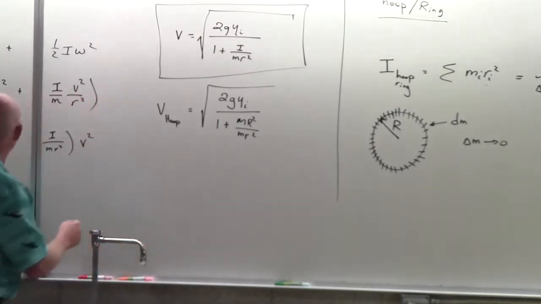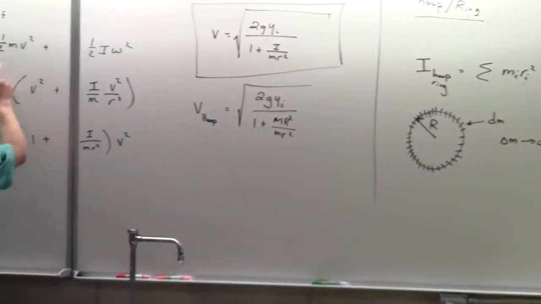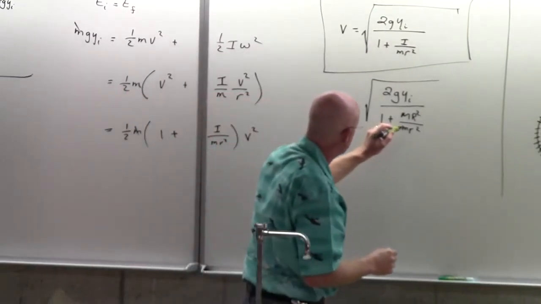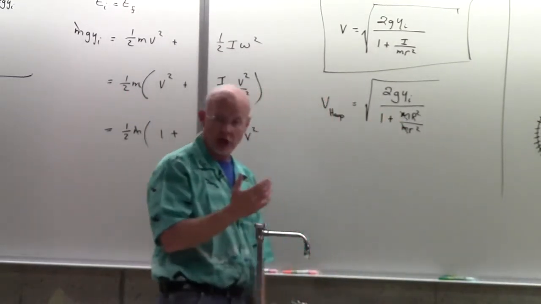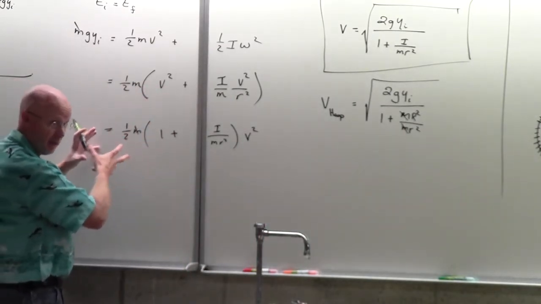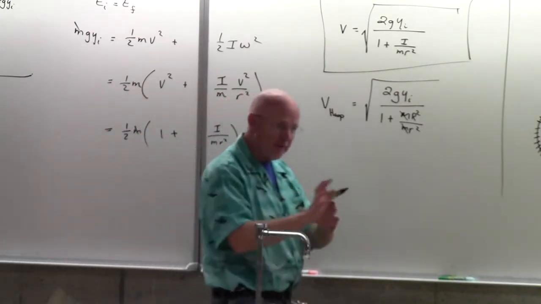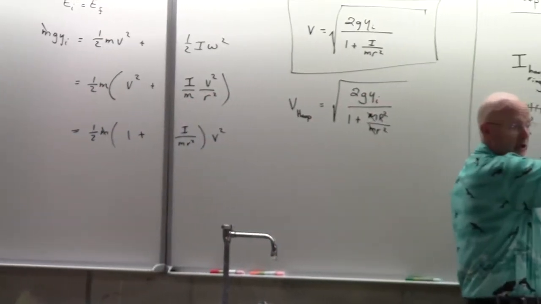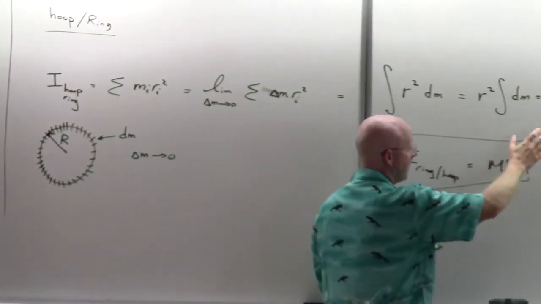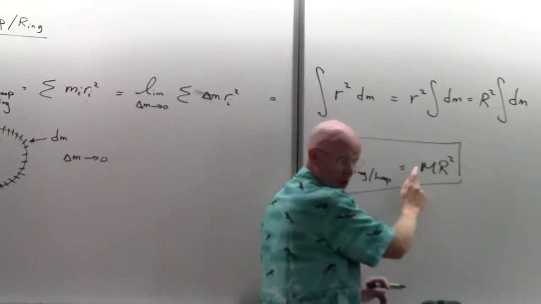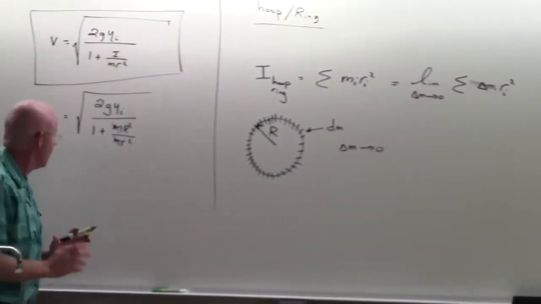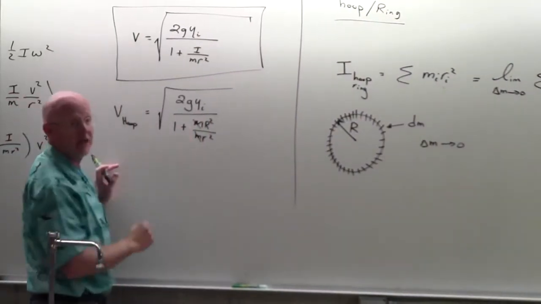The m back here was the whole mass. Even though I've changed my notation over here, because over here I was using little m for little chunks, to emphasize that the sum of the little chunks is the total mass, I used a capital M. But I hope that didn't confuse you back in this equation. Those are really the same m's.